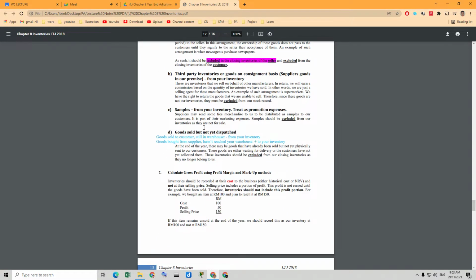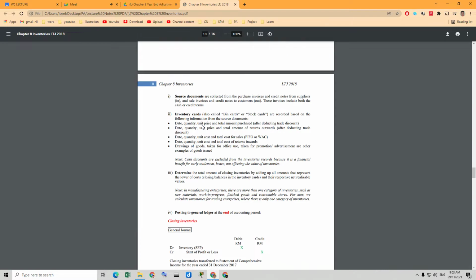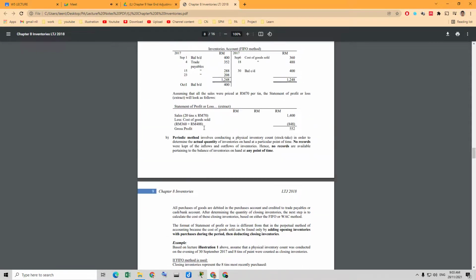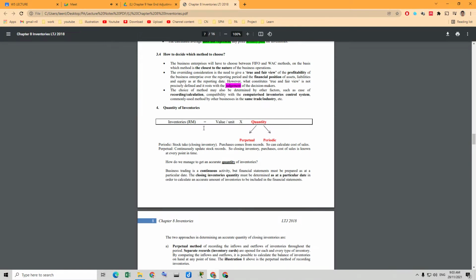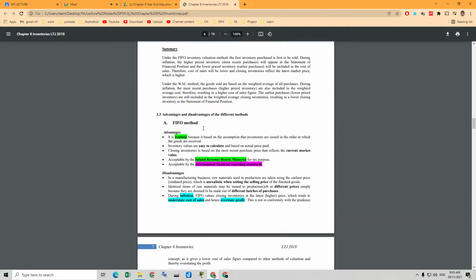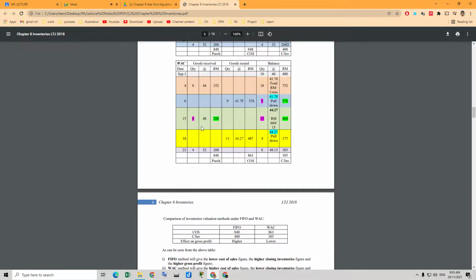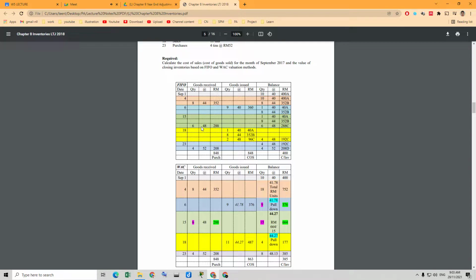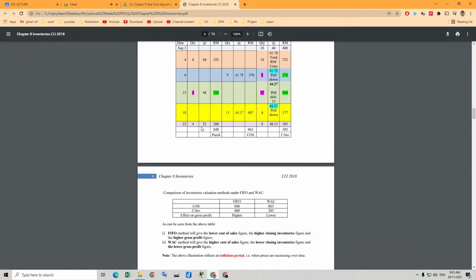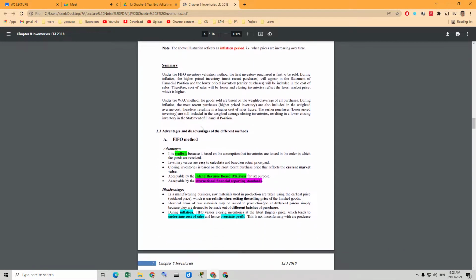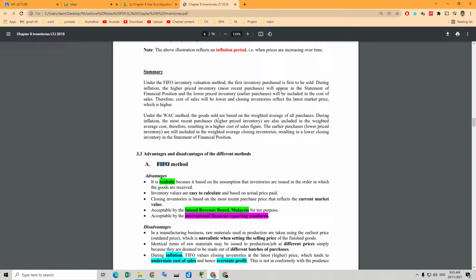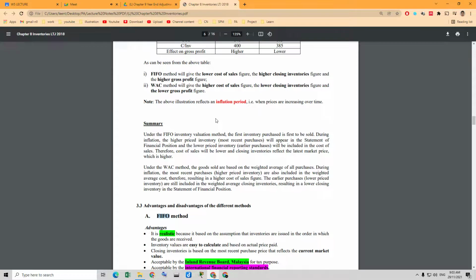You're muted. Somewhere around the weighted average. No, we have done that, and I have gone through the perpetual method and periodic method. So we stopped at recording inventory in the ledger.